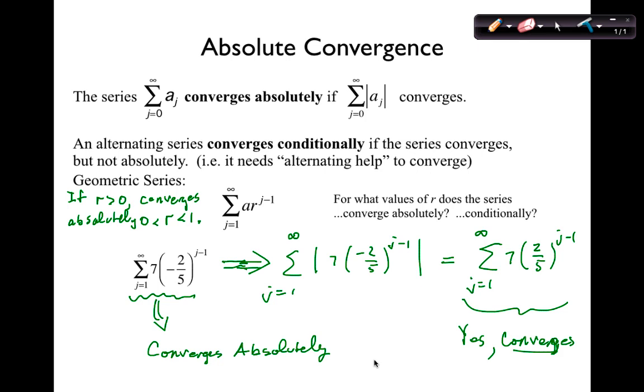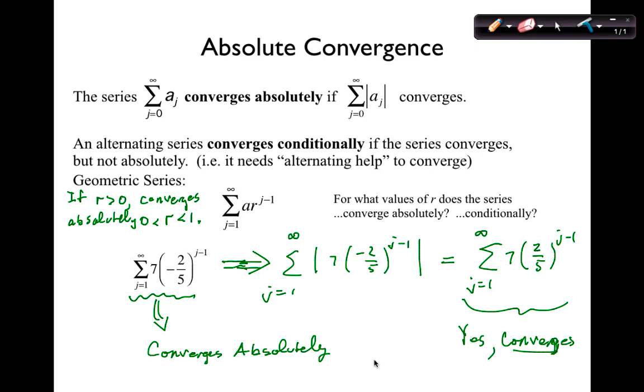Of course, if R is less than -1 or greater than +1, the geometric series diverges, and you don't even talk about it converging absolutely or not.